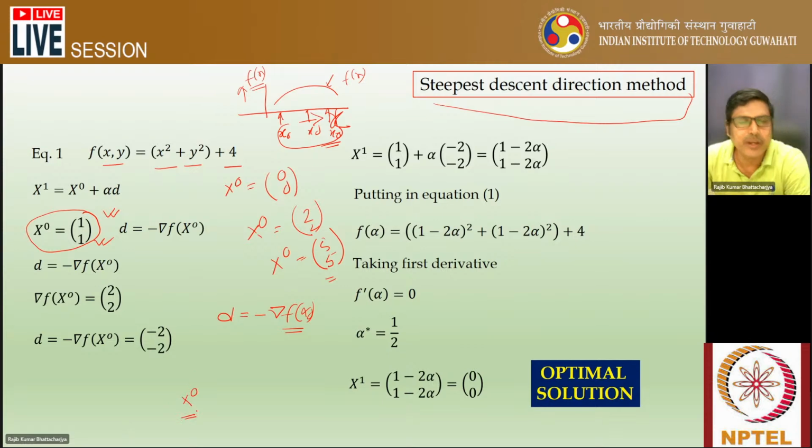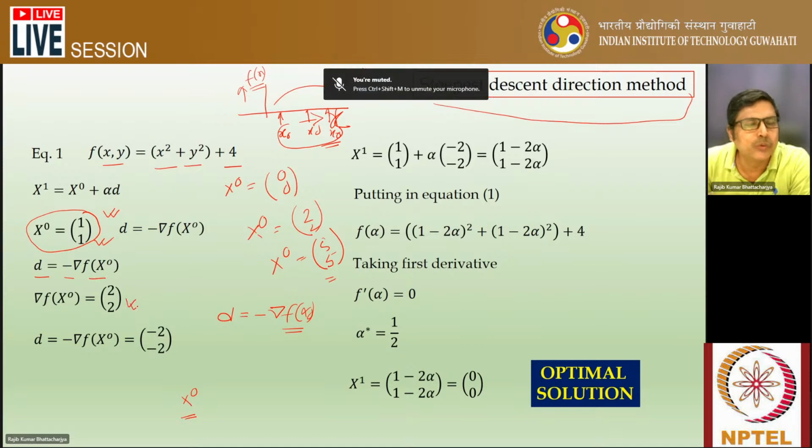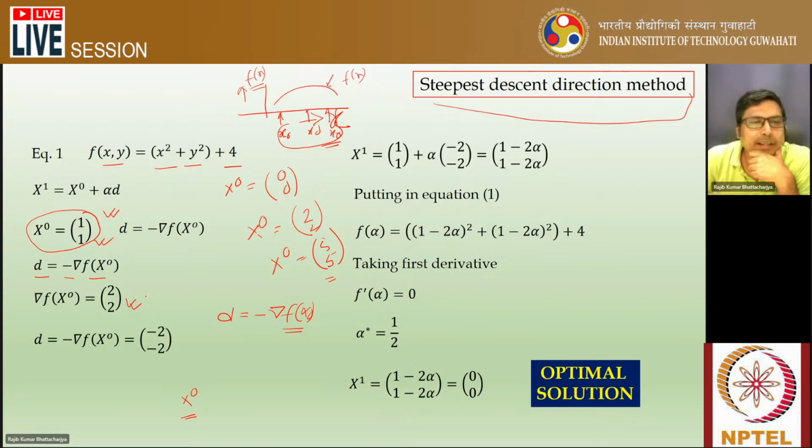I will start my algorithm from x0. So I have calculated the direction d equal to minus del f at x0, and I am getting 2, 2. So 2, 2 means you are going 2 units in the x direction and 2 units in the y direction. That means you are going along the 45-degree line. I can also take 1, 1, and I will get the same direction.